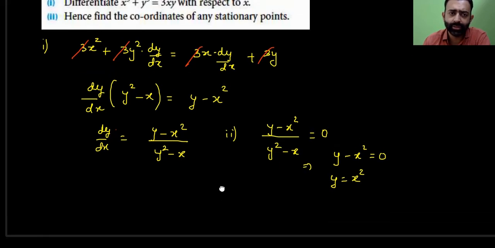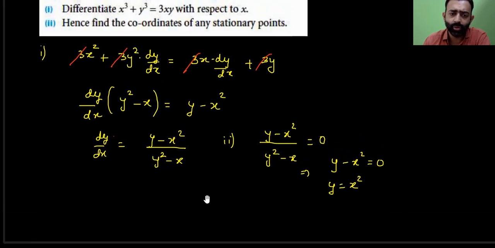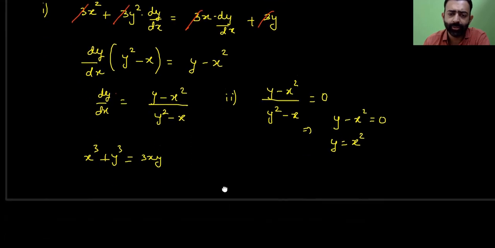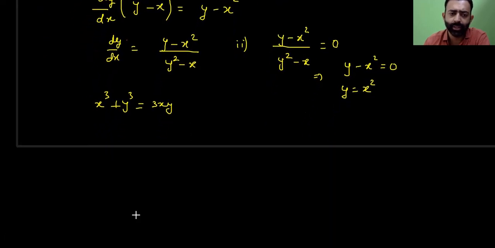Our function was x cube plus y cube is equal to 3 times xy. So let us put y is equal to x square. I have here x cube will remain x cube, y cube is x square cubed, is equal to 3 times x, and y is again x square, right?